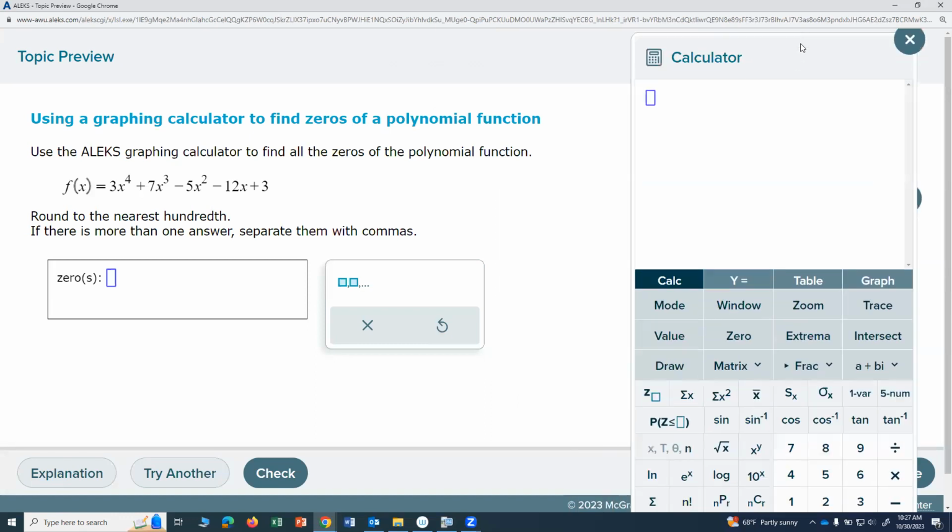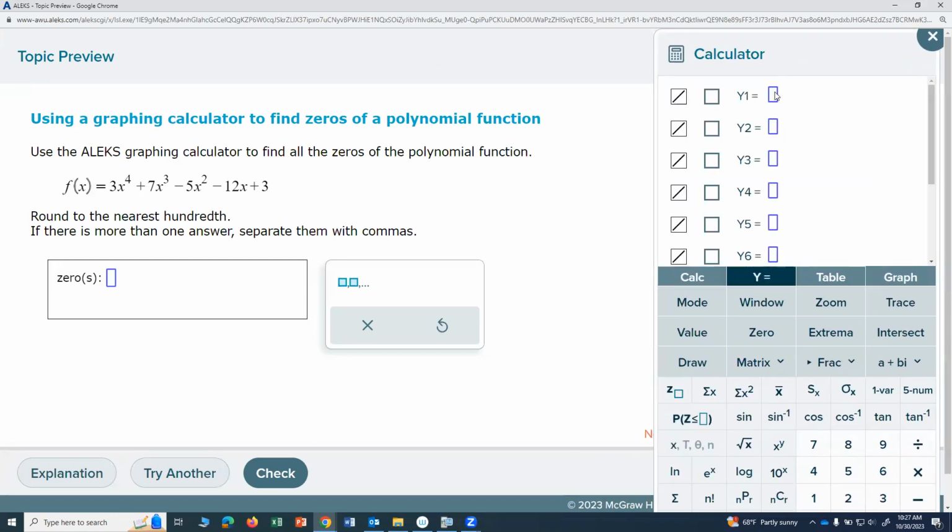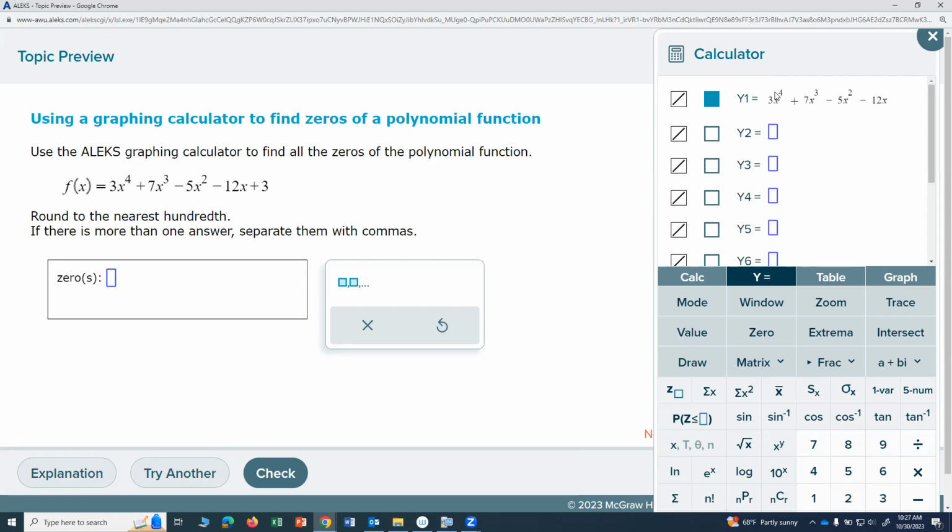I'm going to pull up my ALEKS calculator here, go to my y equals, and I have to type that in. I'll do 3x and then the shift number 6 key to get to the exponent. My right arrow to get out of the exponent. So I have 3x to the 4th plus 7x cubed minus 5x squared minus 12x plus 3.